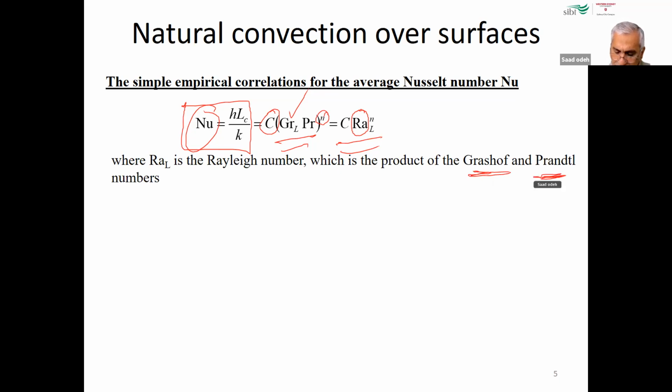So you multiply Grashof by Prandtl number, you get the Rayleigh number. So either you use Grashof number multiplied by Prandtl, or you use Ra if it's available. Any one of them will be fine, as long as you have the values.